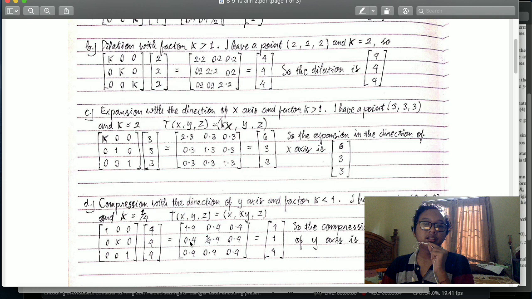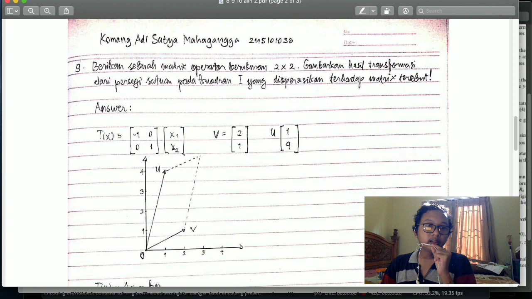Next, we go to the next problem, which is number 9. Given a matrix operator of size 2 by 2, picture the transformation of a square within the first quadrant as operated on by that matrix.